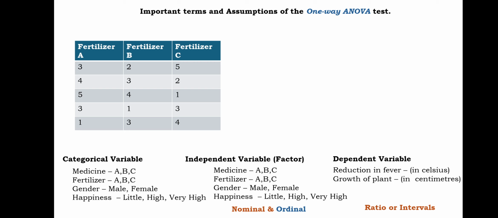Plant A is growing 3 centimeters, plant B is growing 4 centimeters, plant C is growing 5 centimeters. So we can see that in this data we have two variables: the independent variable, fertilizer, and it has an effect on the growth of the plant. The growth of the plant is a dependent variable because fertilizer has an effect on it. It means growth of the plant in our data is dependent on the fertilizer.